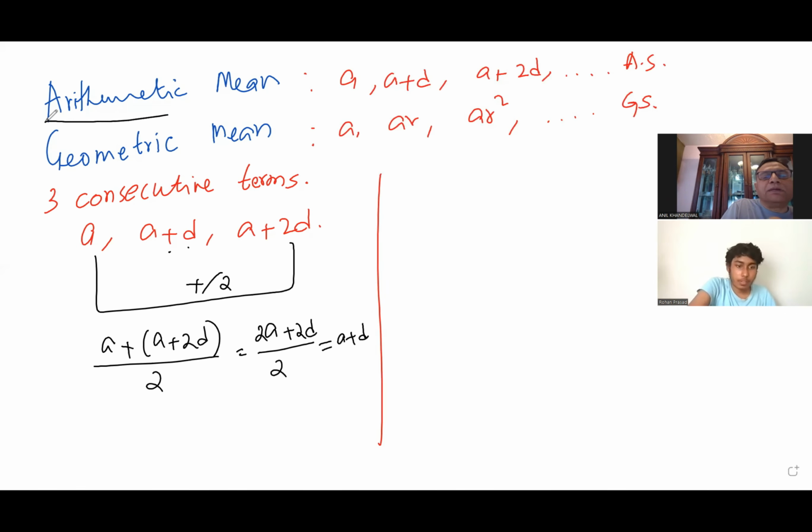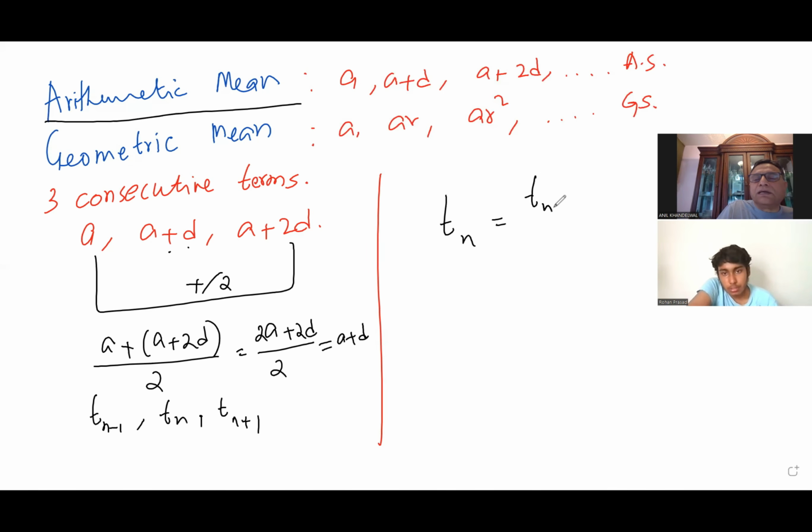So for the arithmetic mean, basically there are 3 terms, Tn minus 1, Tn, and Tn plus 1. If you take 3 terms, you will notice that Tn is equal to Tn minus 1 plus Tn plus 1, divided by 2.